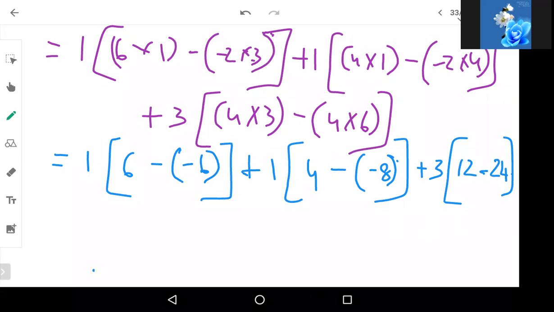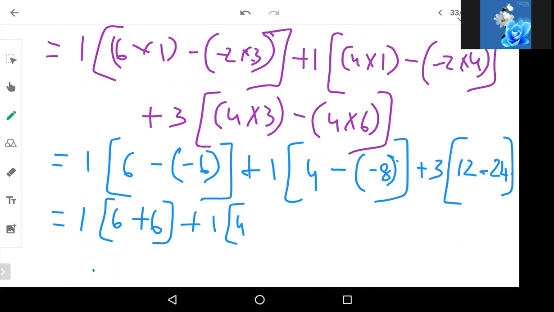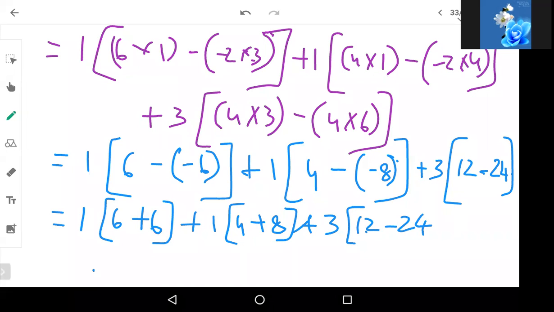Okay, so now 1 into 6 into minus is plus, so 6 plus 6, plus 1 into 4 minus into minus is plus, so 4 plus 8, plus 3 into 12 minus 24.